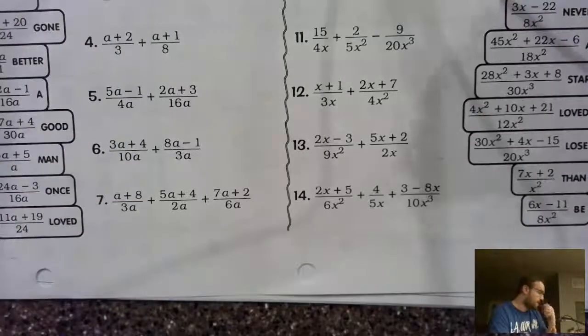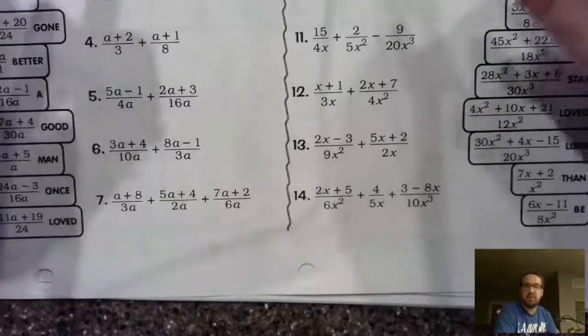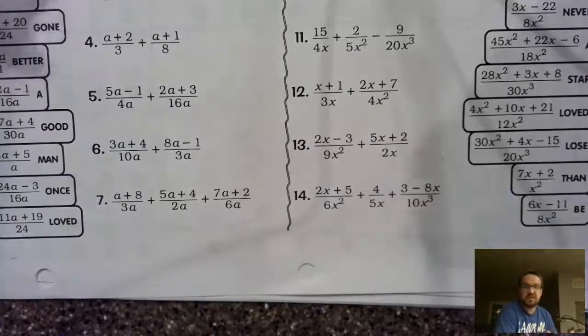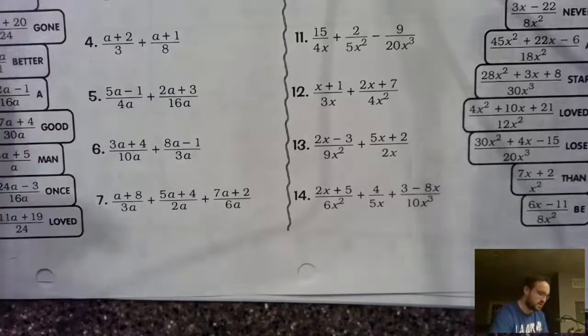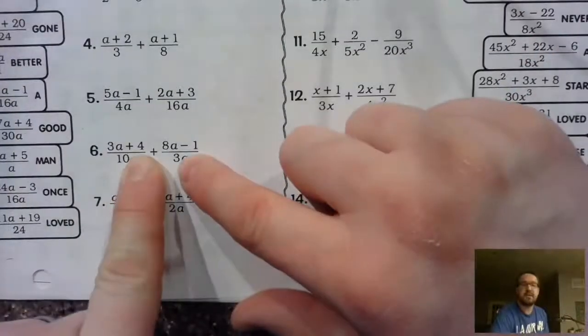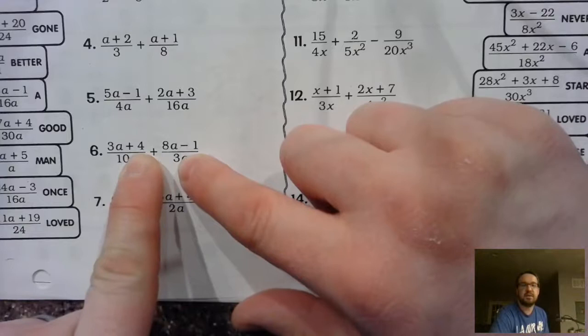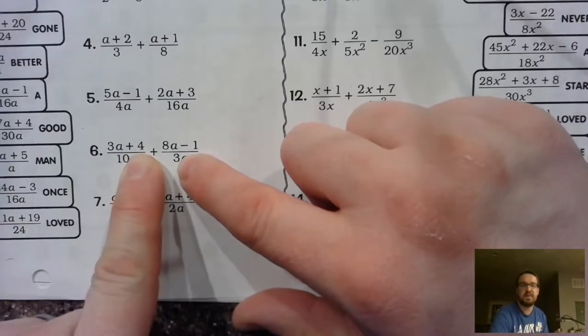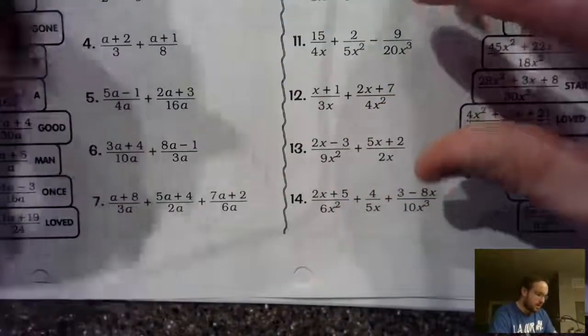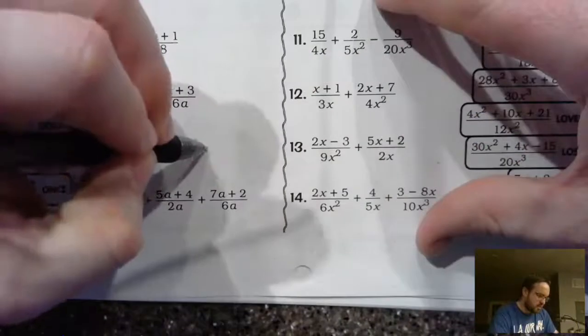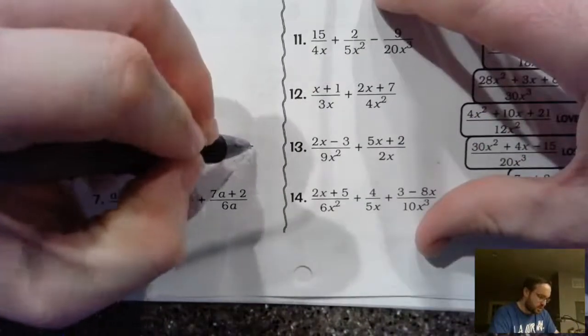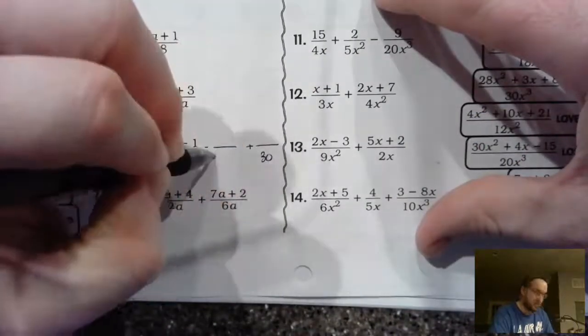So we're looking for a common denominator. What I would do, if this is tricky, is just look at the numbers first. If I had a 10 and a 3, again, back to elementary school, what would the common denominator be to both of them? It would be just 30, right?